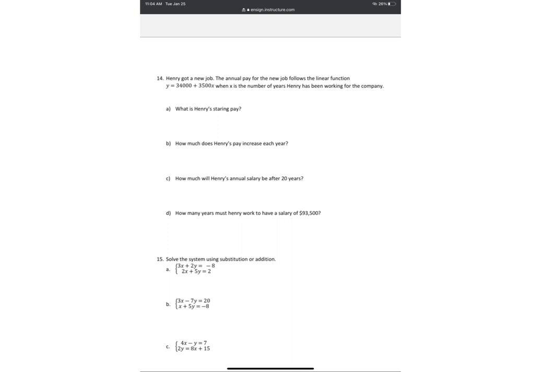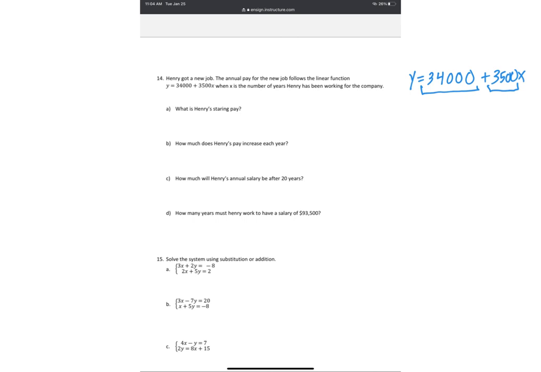Alright, last page here. Henry got a new job. The annual pay for the job follows the linear function y equals 34,000 plus 3,500x, where x is the number of years Henry has been working for the company. Okay, so if we're just looking at this linear equation, we have a value that is on our x and a value that does not have an x. That 34,000 is our starting pay, or our y-intercept.